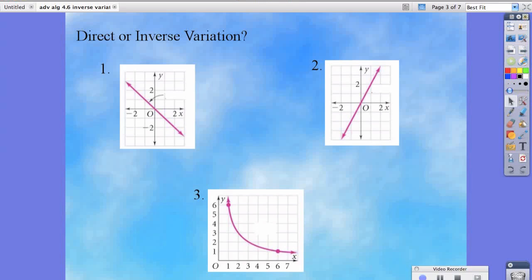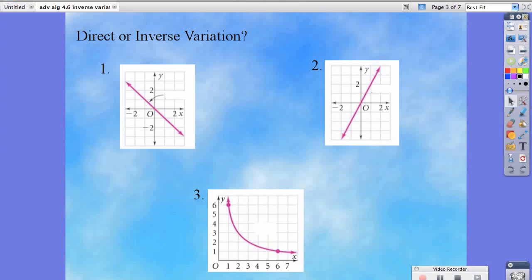Let's take a look at number one. Let's track the x values and see what happens to the y values. As the x values increase, our y value is also changing. It's also increasing, but in a negative fashion.